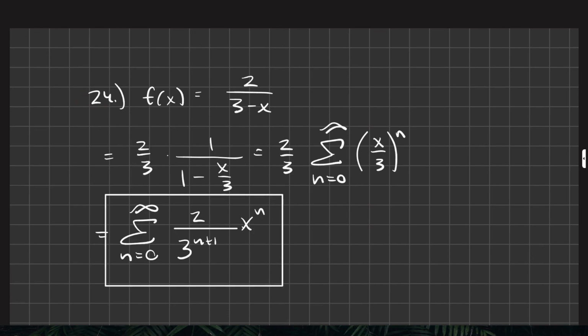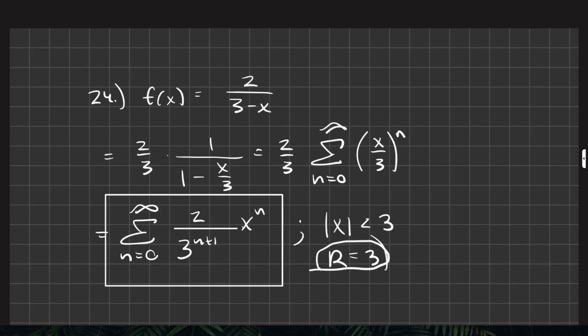Now I think for these problems, I am going to skip the part where I go through the radius and interval of convergence just because I think it'll take way too much time. Hopefully those examples from before will give you a good idea, but basically you should get that the absolute value of x is less than 3, so the radius is 3.